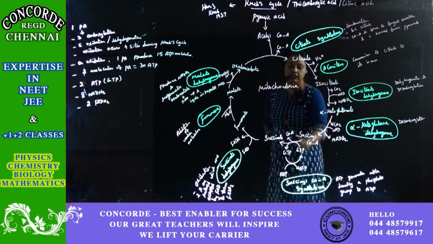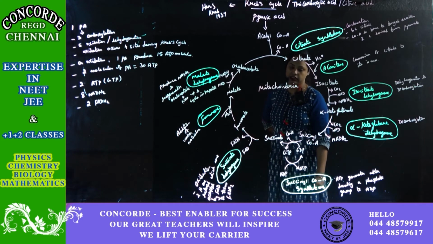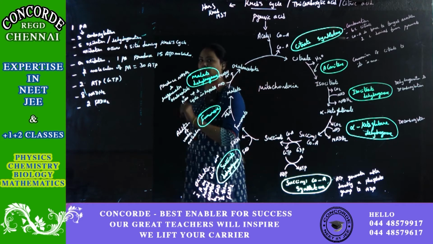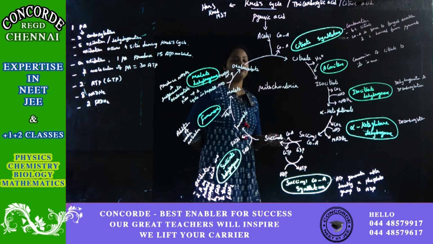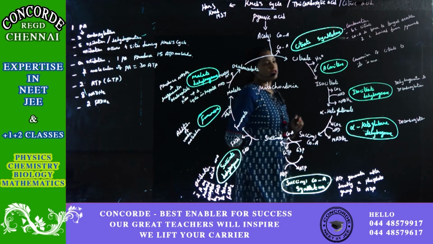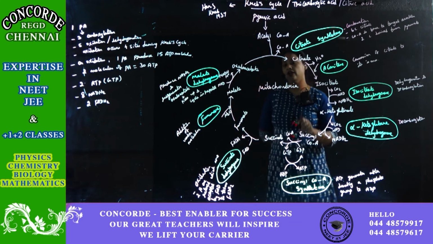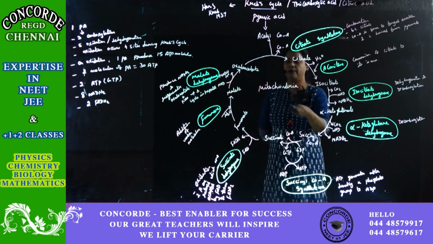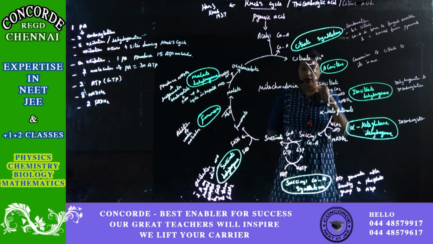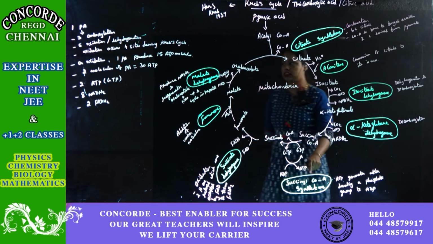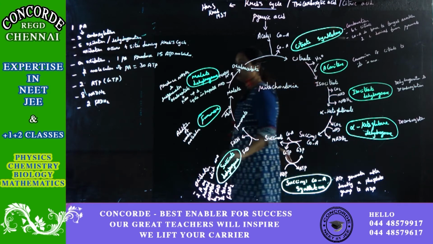In prokaryotes, where this enzyme is not synthesized, the Krebs cycle will be happening in the cytoplasm, whereas in eukaryotes, the Krebs cycle will be happening in the mitochondria. Mitochondria will synthesize all the enzymes except the succinyl CoA.